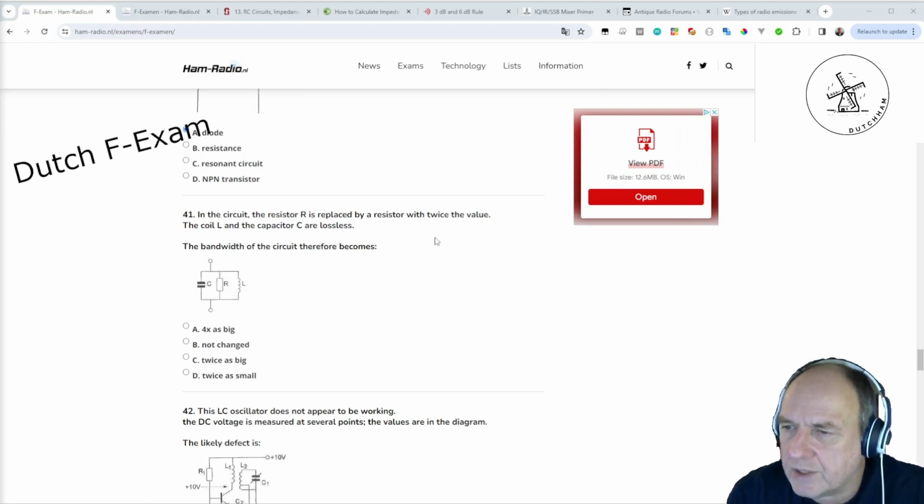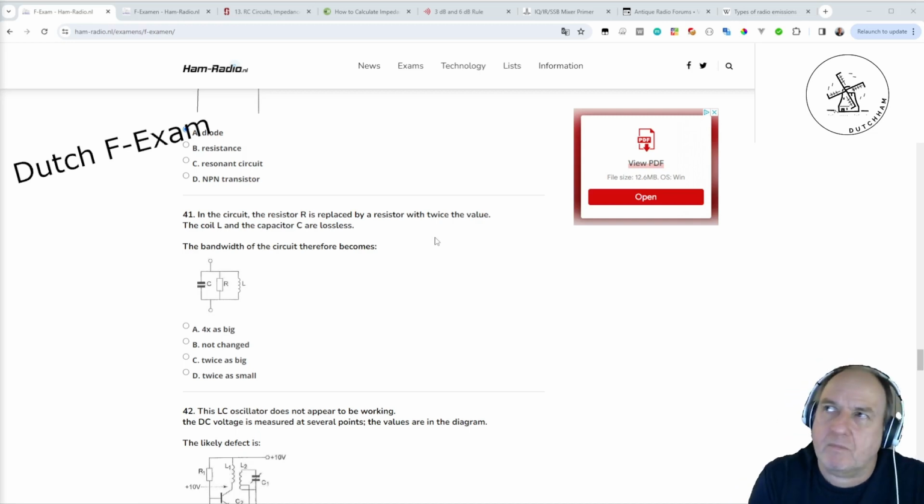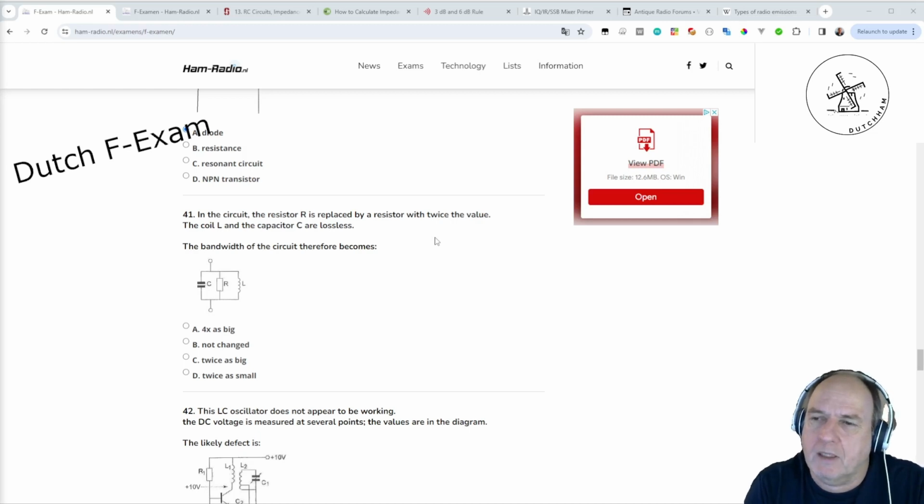In the circuit, the resistor R is replaced by a resistor with twice the value. The coil L and capacitor C are lossless. That brings me back to the question of last time. I think the higher... because last time I said that it became twice as big, but now I start to doubt.